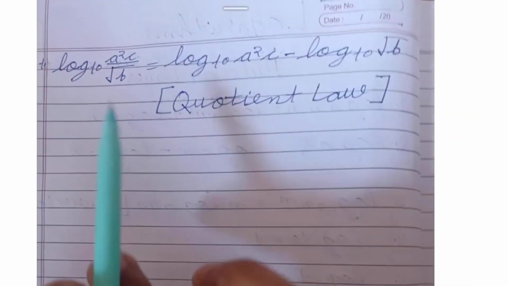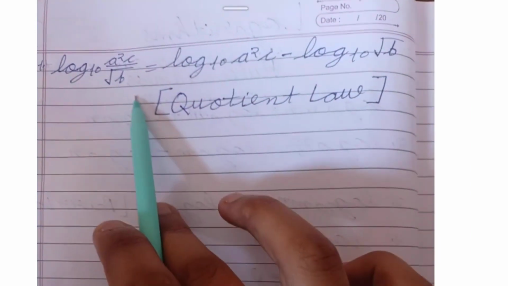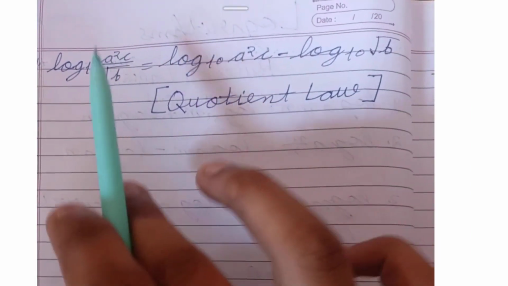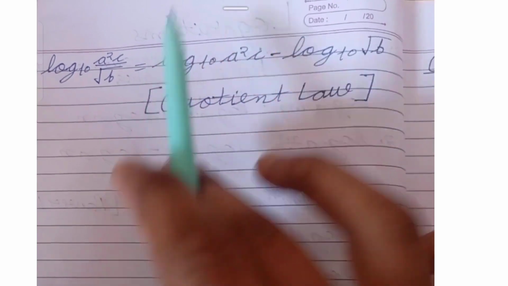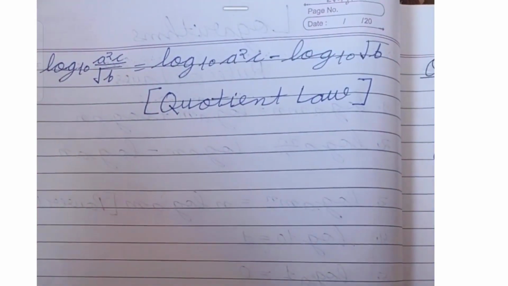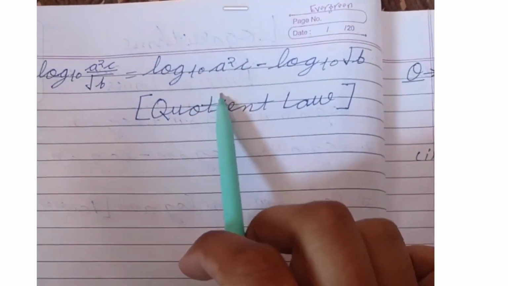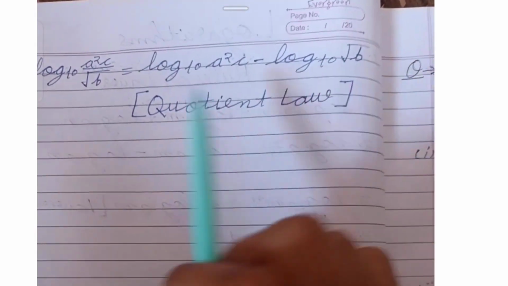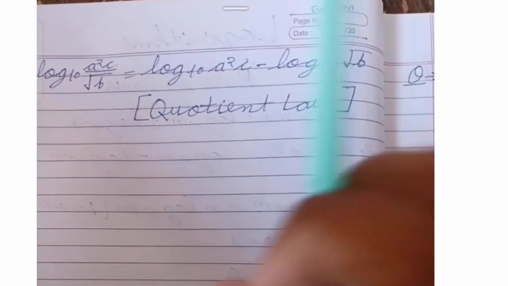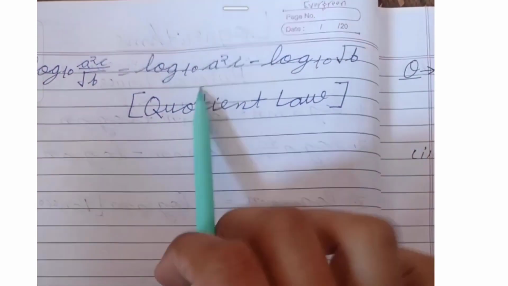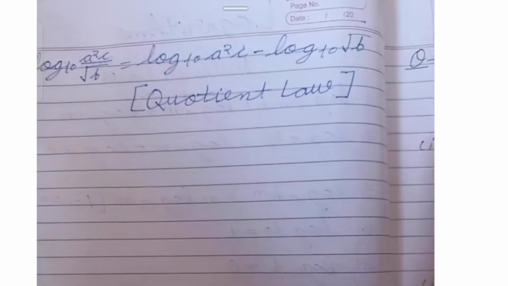The last rule, if log tan of a square multiplied by c upon root b is given, when the number is in division, we subtract: log tan a square minus log tan b. Then if it is in multiplication, we add it, and this is called the quotient law.